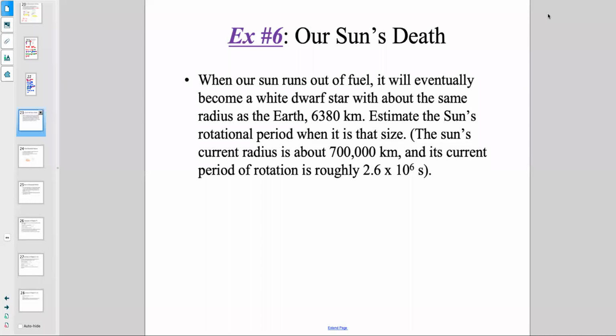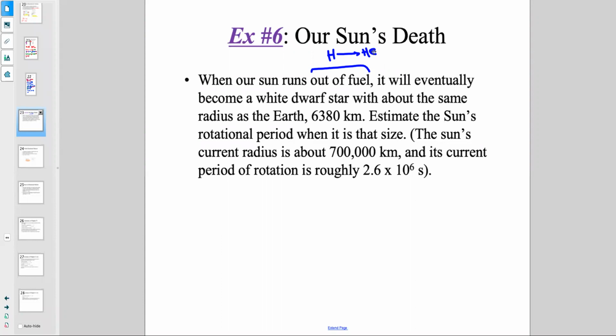So let's take a look at another example. Our sun's death. When our sun runs out of fuel, the sun is turning hydrogen to helium in an event called nuclear fusion. And when this process is done, it will eventually become a white dwarf.